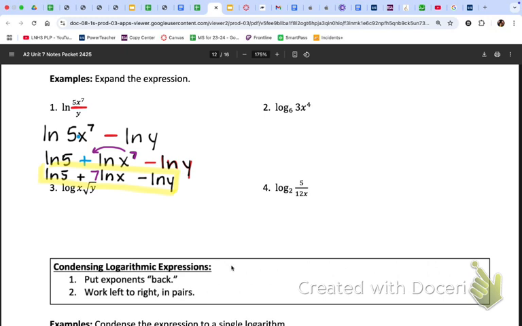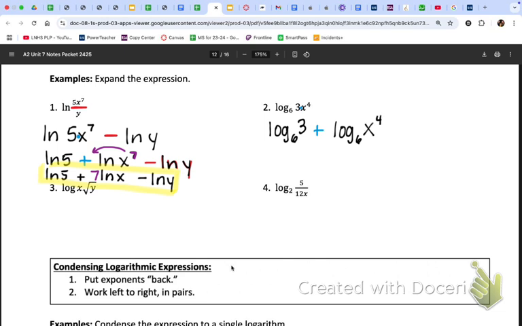Look at our next one. You see 3 is right next to x to the 4. So that's multiplication, which you can expand out with the plus sign. Okay, so log base 6 of 3. When you write this, they both have to have that base 6. And then it would be log base 6 of x to the 4th.